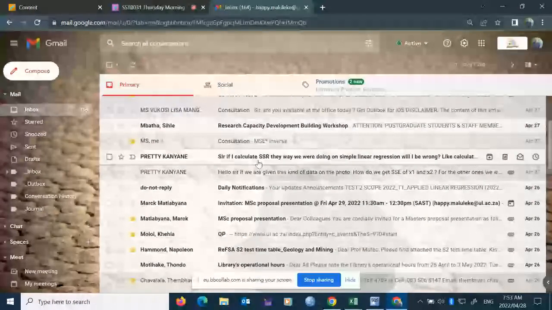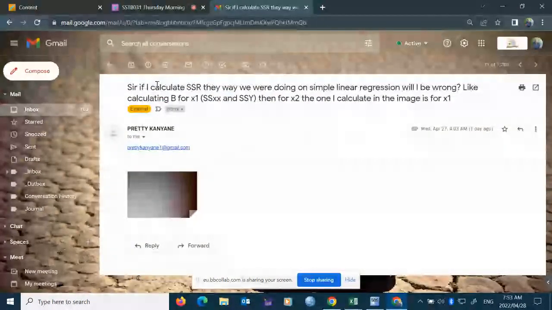Pritinkanyane is saying, sir, I have calculated SSR the way we do it in simple regression. If I calculate SSR the way we were doing in simple regression, will I be wrong?